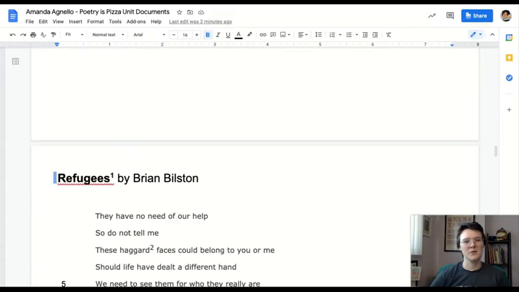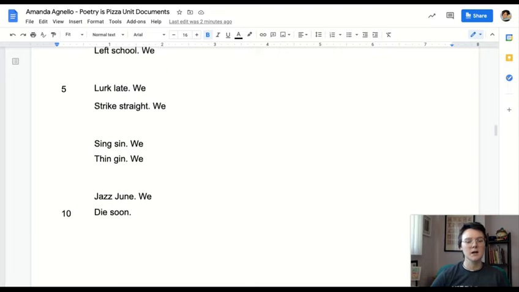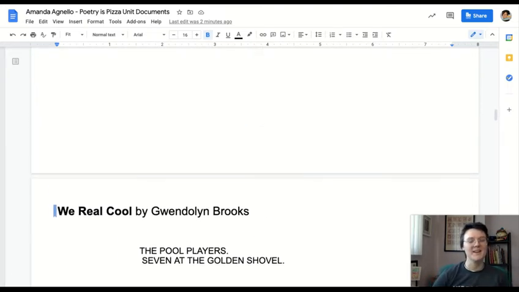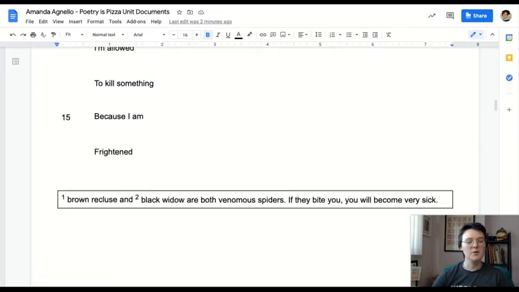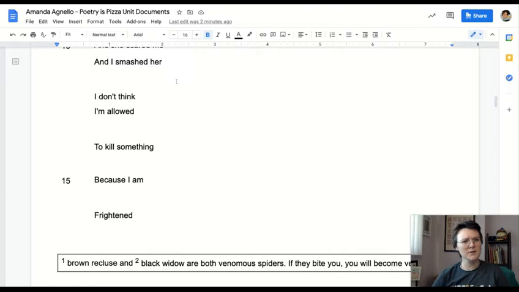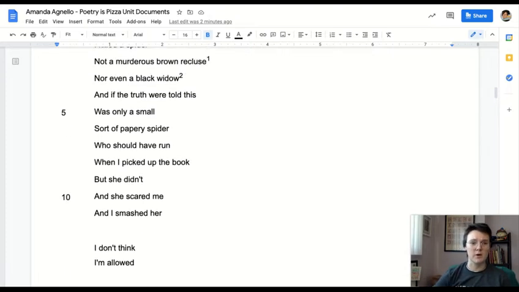What you'll see on each poem is the title of the poem, the poet who wrote it, and the text of the poem. You'll also see any useful definitions that I think you may not know or that students in the past may not have known. You'll also see some numbers next to the poems.